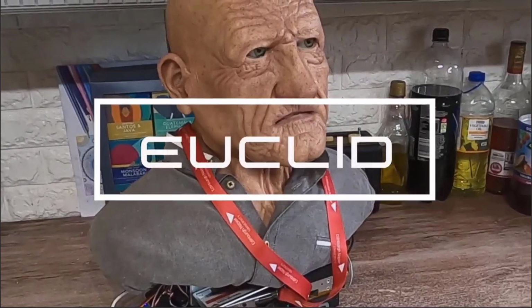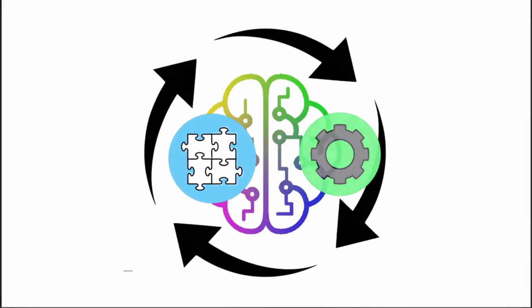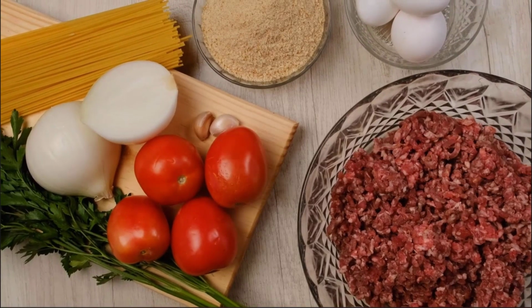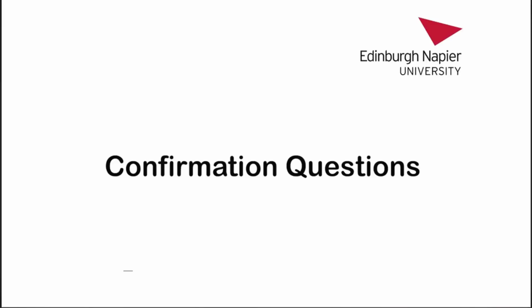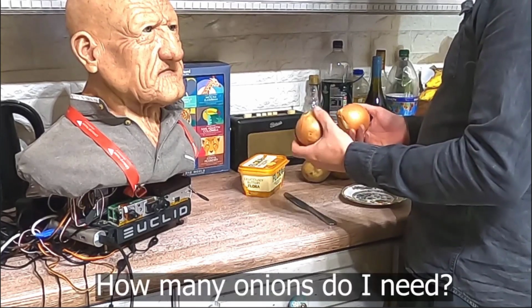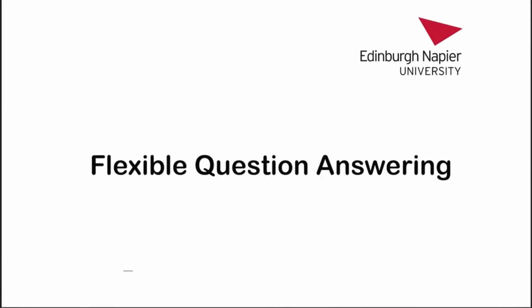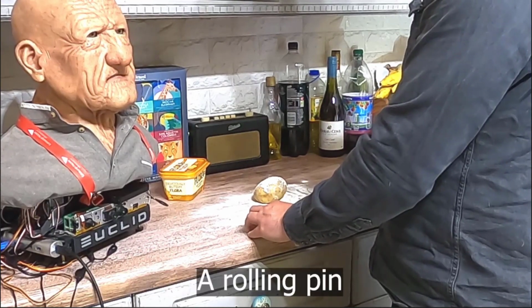Introducing Euclid, a humanoid robot with a unique AI system. We combined rule-based and generative models to create Taskmaster, a spoken dialogue system for task-based human-robot interaction. In our research, we focus on the cooking domain and explore the following 5 case studies. Confirmation questions. How many onions do I need? 1. Flexible question answering. What can I use to roll the dough? A rolling pin.